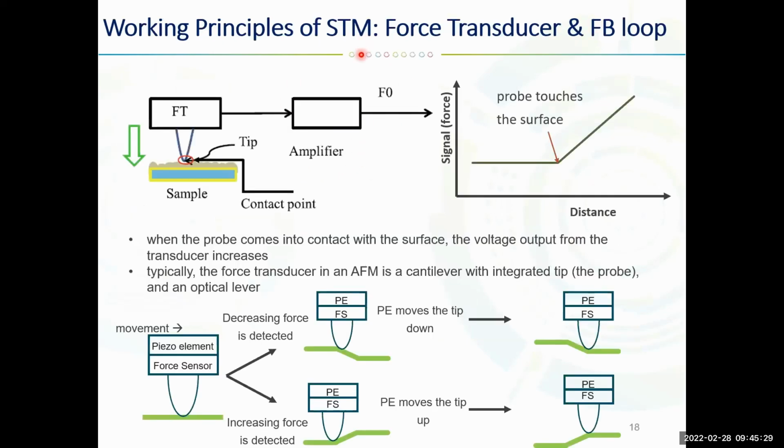So this is about the feedback loop. This is a schematic of feedback control: when the force sensor senses a change in the sample height, the piezoelectric element moves to maintain the tip to surface distance. So here we have the piezo element and force sensor. This is the tip, this is the surface.